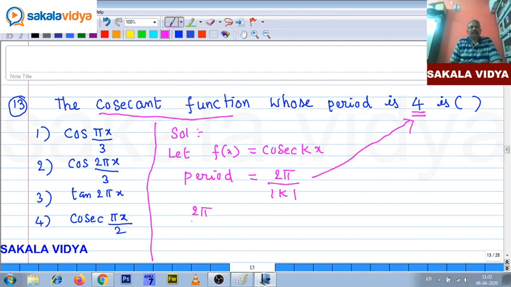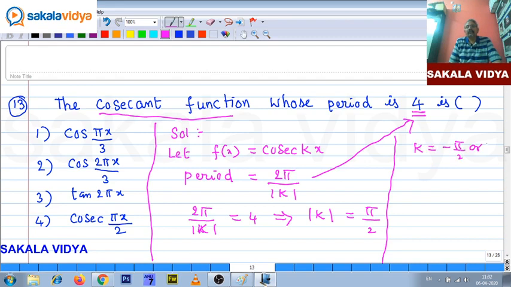So 2 pi by mod k equal to 4. That implies mod k is equal to 2 pi by 4, pi by 2. So k is equal to minus pi by 2 or pi by 2. So f of x is equal to cosecant pi x by 2, fourth option.